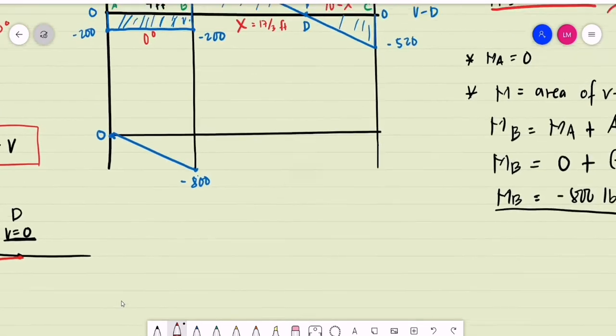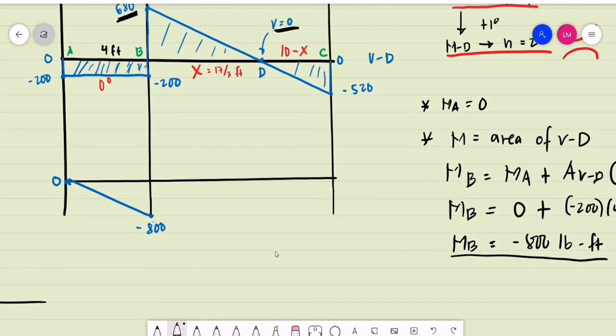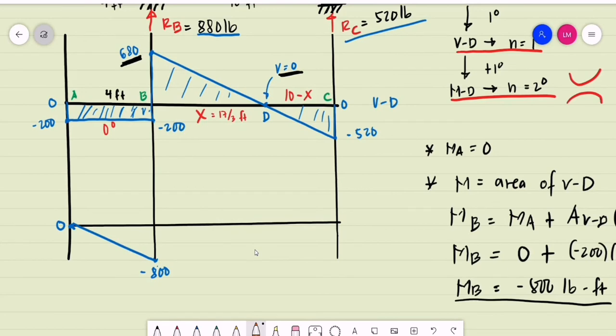So we are drawing a curve that opens downward based on the slope, and our slopes are the values of the shear.